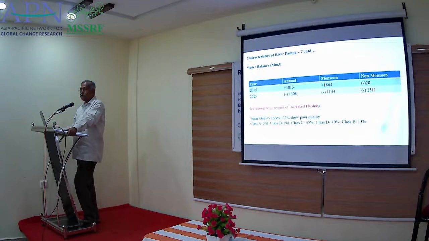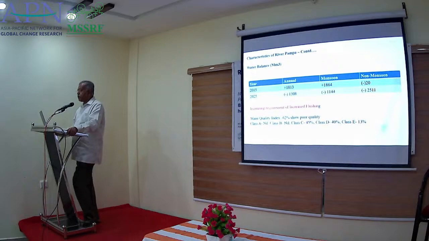Whereas when you project it using data, we find that by 2025 there will be a severe water deficit in the river basin. That is, it reduces to almost minus 1308 million cubic meter and 1144 million cubic meter during monsoon and 2511 million cubic meter non-monsoon. The non-monsoon water requirement increases very significantly in the coming years.